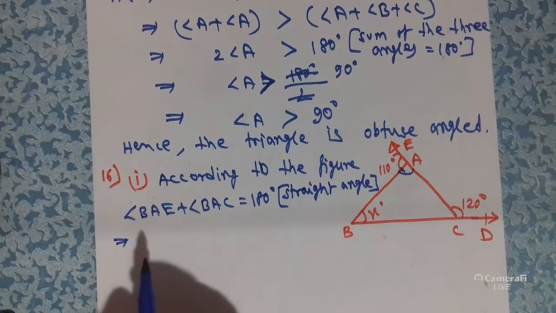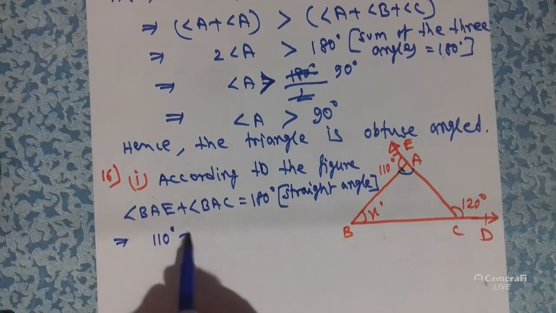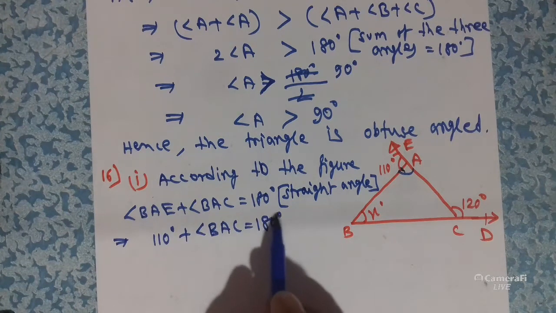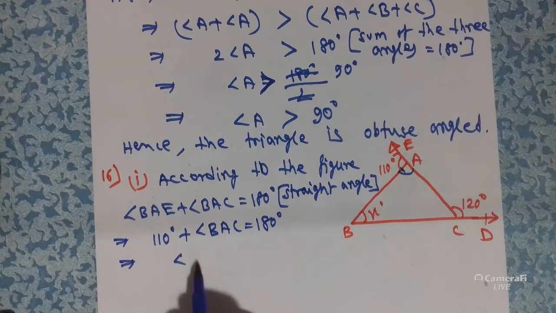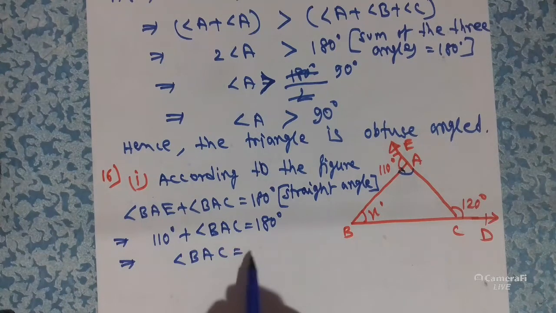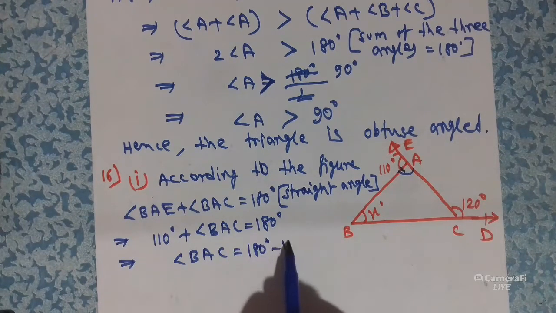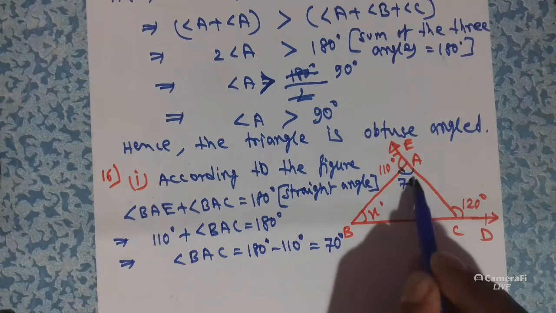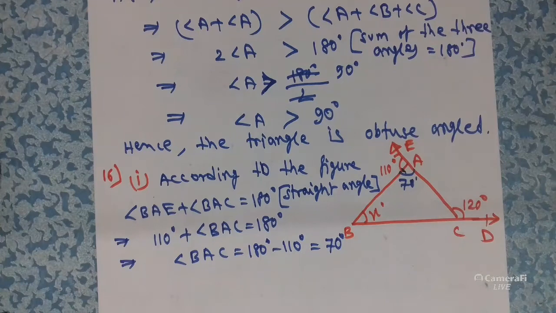So angle BAE is 110 and angle BAC, which we have to find, makes 180 degrees. So angle BAC is equal to 180 minus 110, that means 70 degrees.